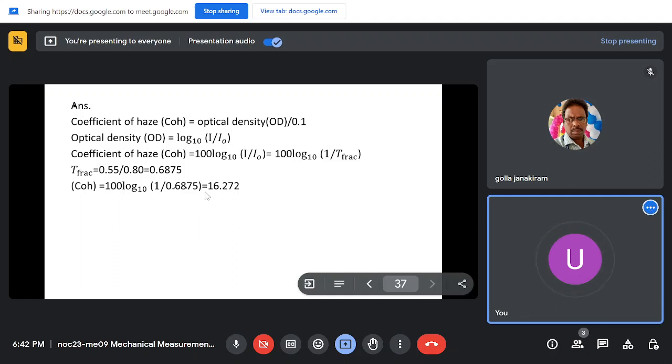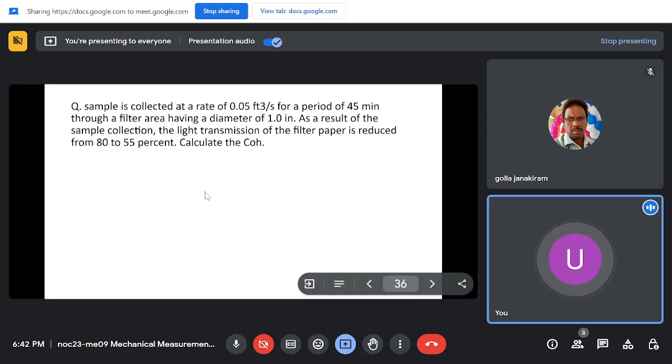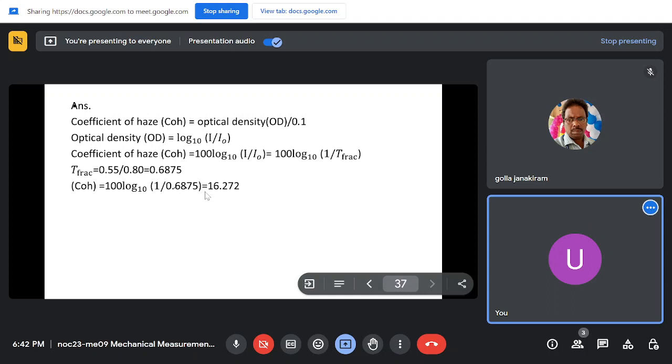I repeat, in this question we have said that the light transmission in the filter paper has reduced from 80% to 55%. We know coefficient of haze is optical density divided by 0.01, so that will come out to be 100 log 10 I by I naught.